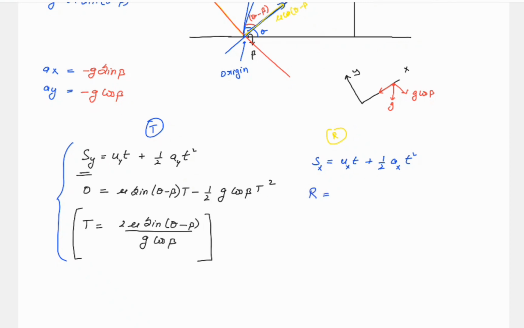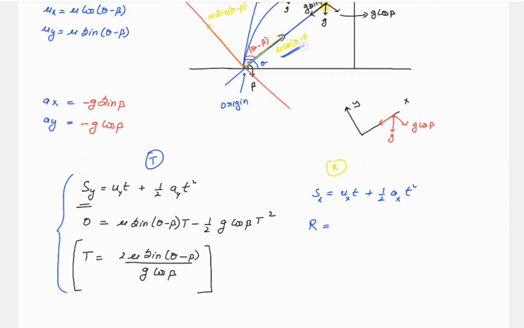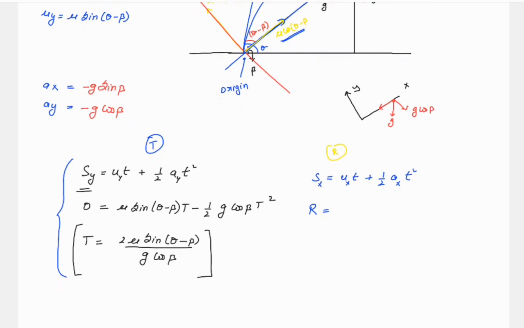This is the range. What is the u of x? It means the initial velocity along the horizontal plane, which is u cos of theta minus beta, plus half. What is the a of x? You're going to get minus g sine beta, t square.